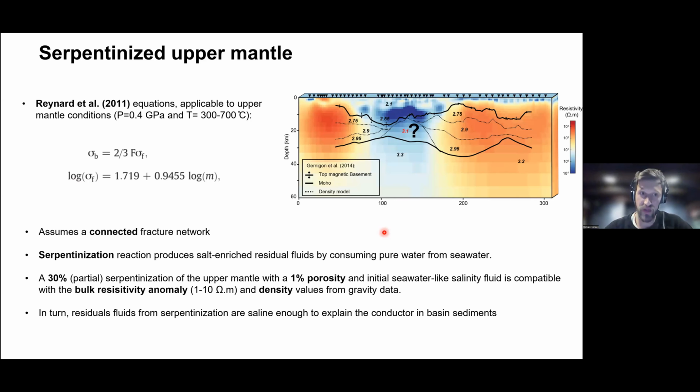Based also on an analytical model, I can support this explanation by saying that a partial serpentinization of the upper mantle could result in salt-enriched residual fluids by consuming pore water, and would support this bulk resistivity anomaly in the deeper sediments.